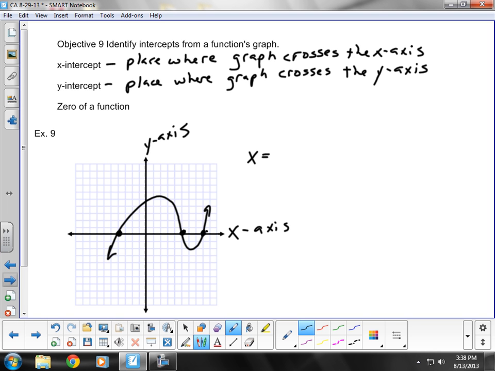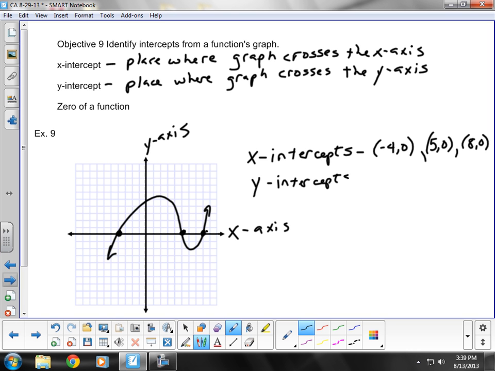So my x-intercepts for this example are the points (-4, 0), (5, 0), and (8, 0). Okay, so that's my set of x-intercepts. And then my y-intercept is this point here, which is (0, 5).